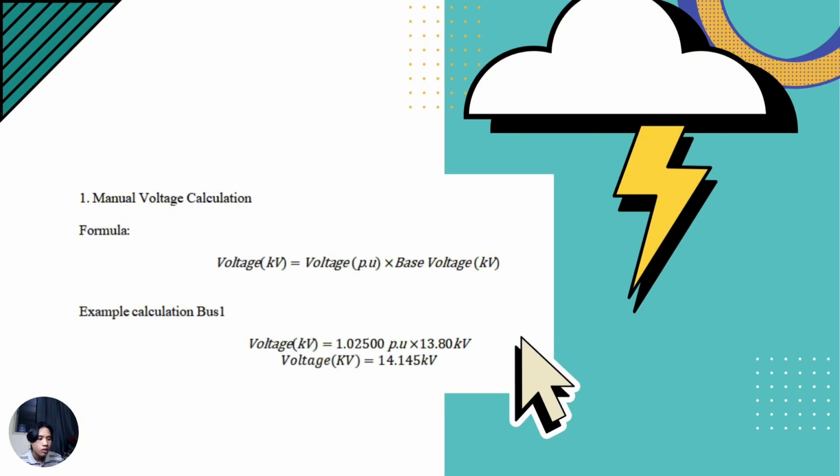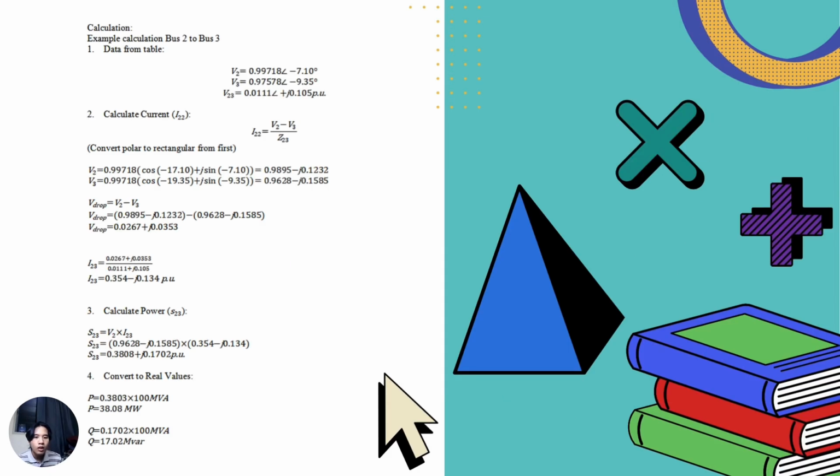So next, we move to more complex power flow calculation. This slide details how we calculate the flow from bus 2 to bus 3. The process involves taking the voltage data from the table, calculating the current flow between the buses, and finally determining the complex power.